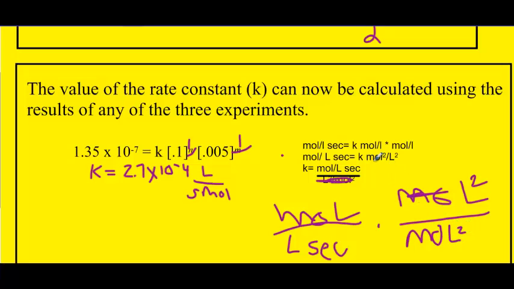Up here you should have divided by moles squared over liters squared. I had it backwards. So anyway, this cancels out one of the squares and this cancels out with that. So your leftover units are liters over seconds times moles, because you divide by this to get k by itself, and then you invert and multiply.